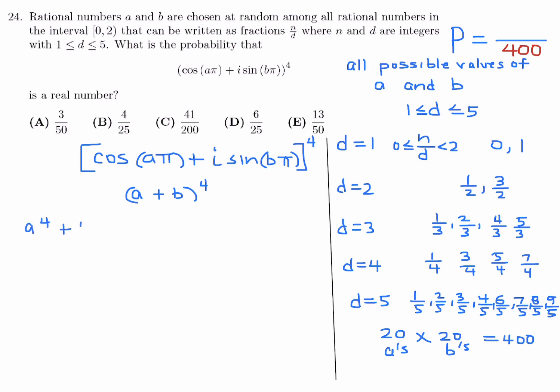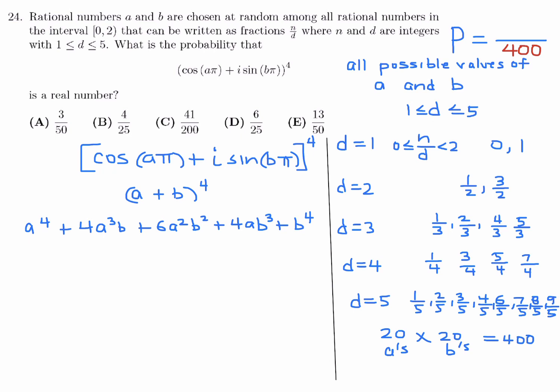a to the power of 4 plus 4a cubed b plus 6a squared b squared plus 4ab to the power of 3 plus b to the power of 4. Okay, so now let's talk about this. a is this guy, so we don't need to worry about that because that doesn't have i in it.